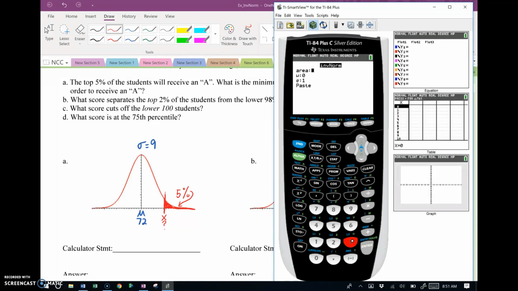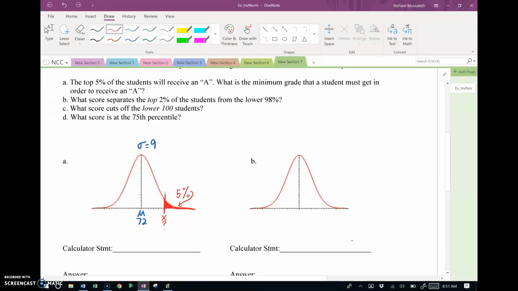Depending on how new your calculator is, the majority of calculators, when it says area there, want the area on the left. So the area to the left of this boundary right here, since the area on the right is 5%, the area over here is 95%, so I'll write that as 0.95.